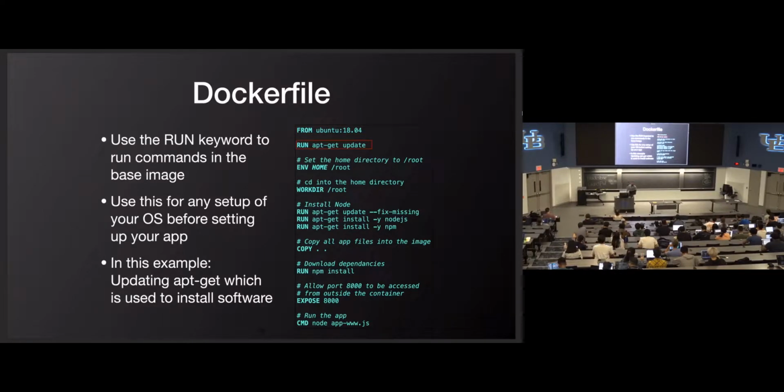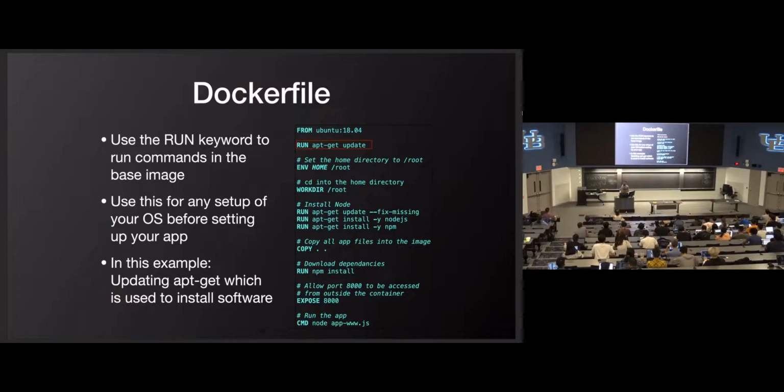Then we're going to run commands. RUN in all capital letters is going to execute commands as though you were typing them into the console. So if you had a fresh install of Ubuntu and you went into the console, or the terminal, what does Ubuntu call it? I don't remember. I'll just say command line, the general term.